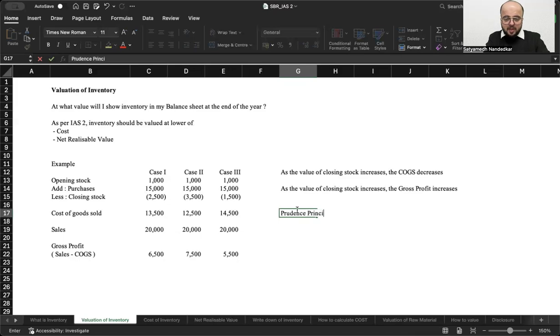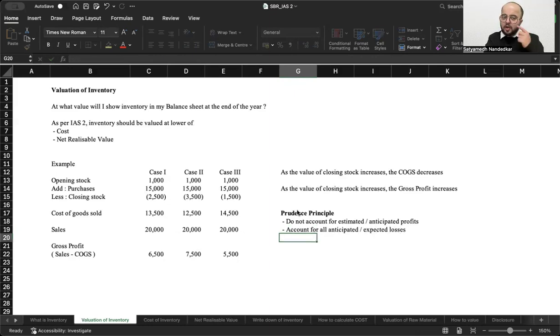The prudence principle says that do not account for estimated or anticipated profits, but account for all anticipated or expected losses.